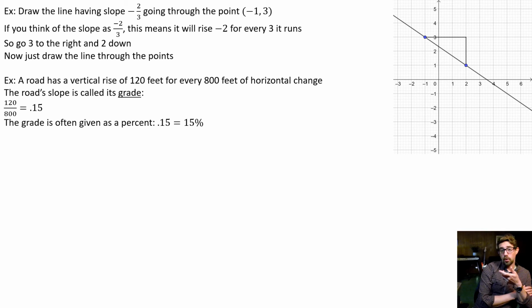So if a road had a grade of 1, that would be a perfect diagonal, which means it'd be pretty hard to ride your bike up, and we would call that 100% grade. It could certainly have slope bigger than that, right? It could be more than diagonal and be real hard to ride your bike up, and then it would have more than 100% grade. So ideally we want one with a pretty small grade like 0.15, and that correlates to 15%. So a road with 0 grade is just a flat road.